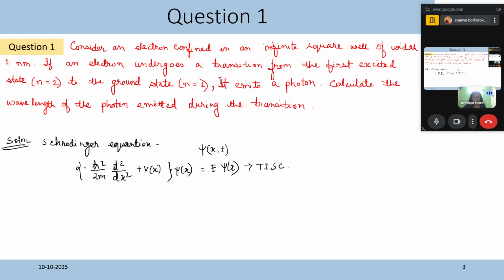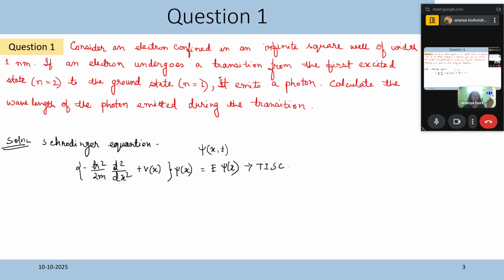What is h bar? This is the reduced Planck's constant. V is the potential that the electron is experiencing. In this case, it is an infinite square well, so there is a potential well. It can also be the potential of a crystal structure.